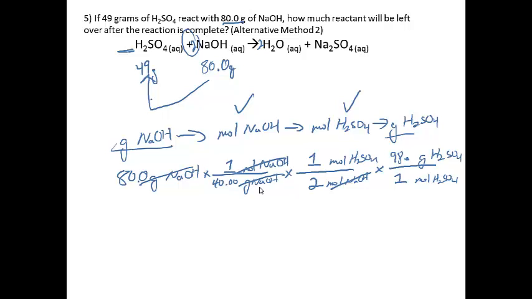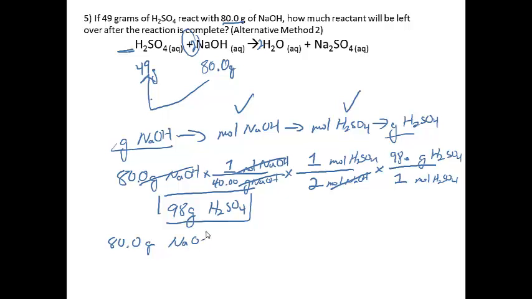And if I do that calculation, 80 times 1 divided by 40 times 1 divided by 2 times 98, I get 98 grams of H2SO4.